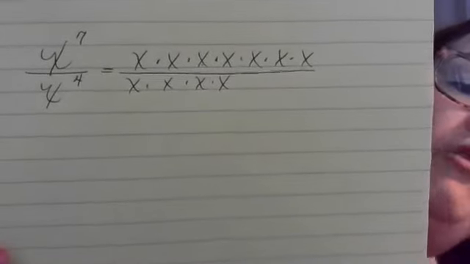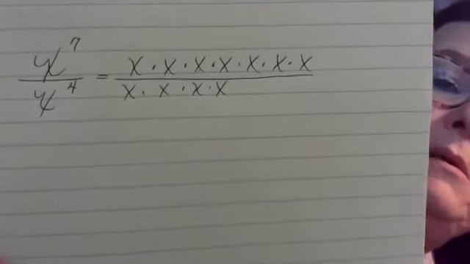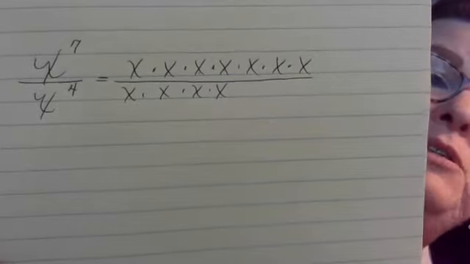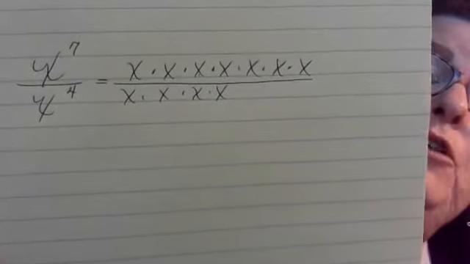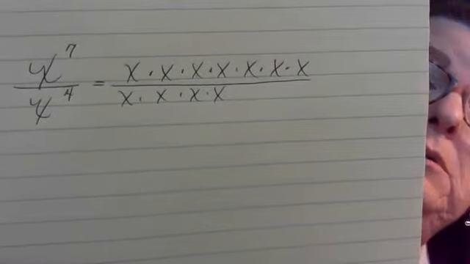X times X times X times X times X times X times X. 1, 2, 3, 4, 5, 6, 7. On the bottom is X times X times X times X. Okay, this is what X to the 7th over X to the 4th means. X times itself 7 times on top. X times itself on the bottom 4 times.